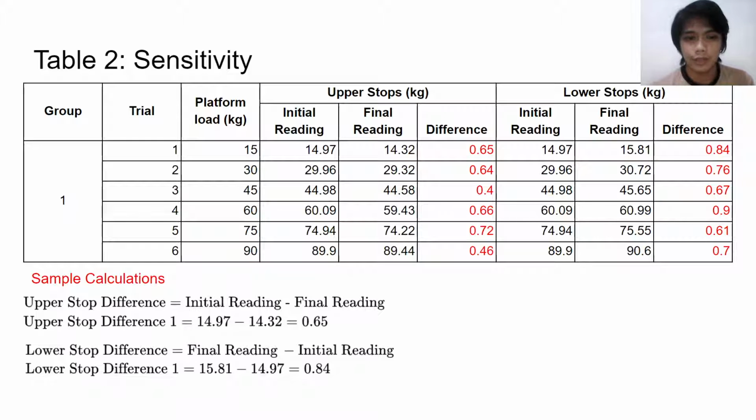For the lower stop difference, the calculation is to subtract the initial reading from the final reading. So for trial 1, as a sample, it would be 15.81 minus 14.97, which results in a lower stop difference of 0.84 kilograms.